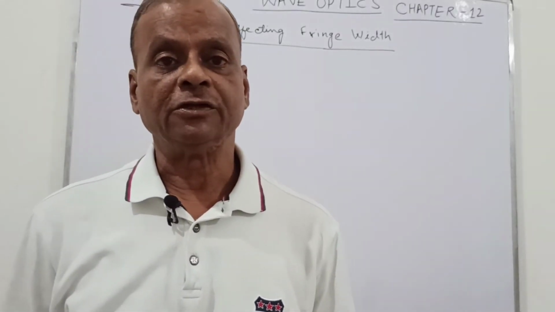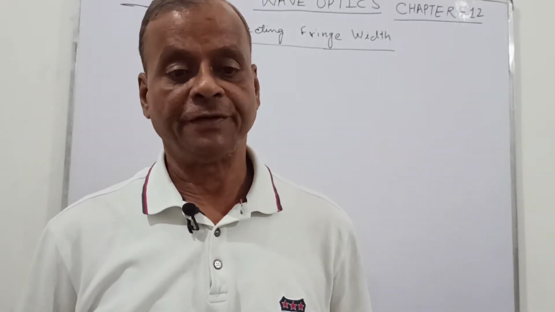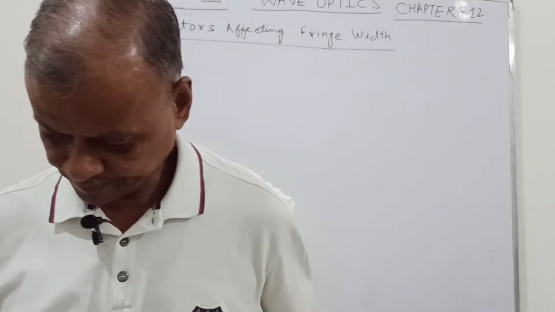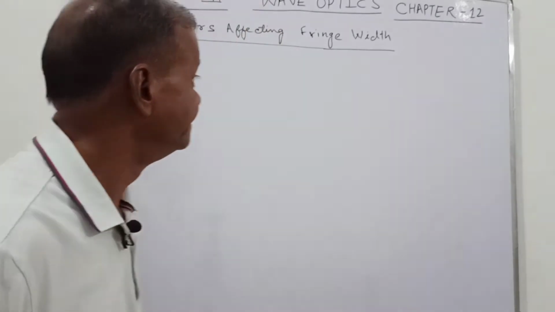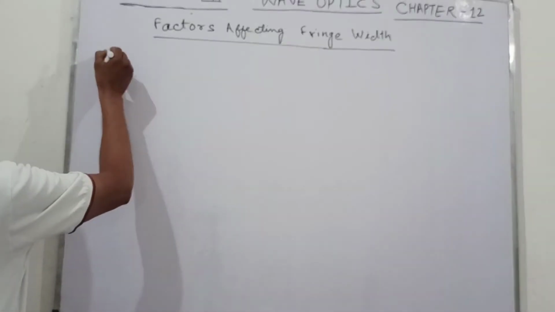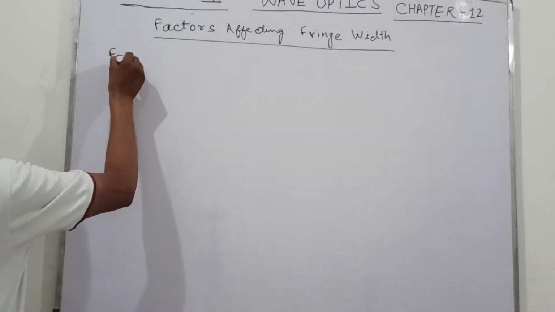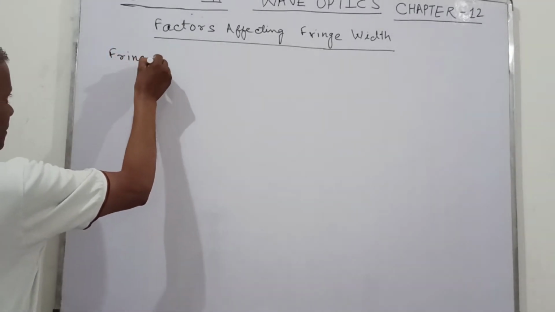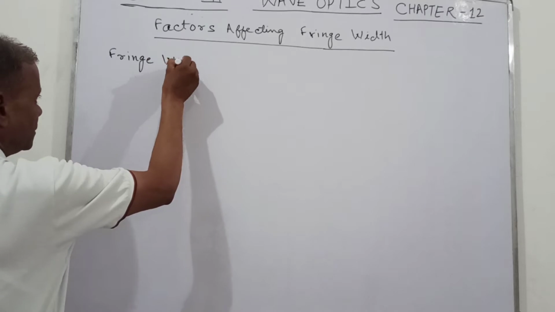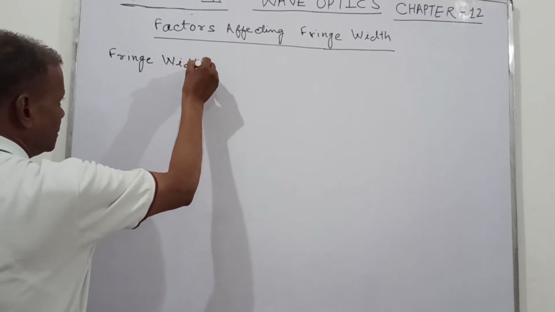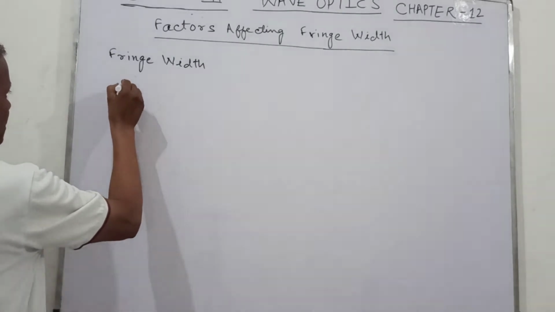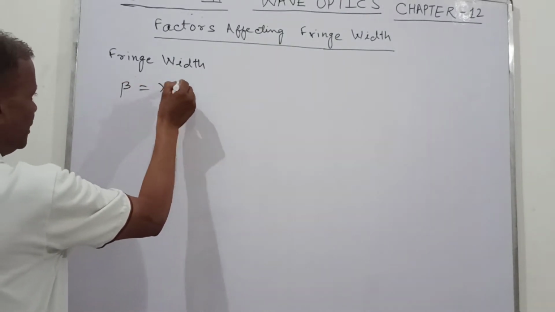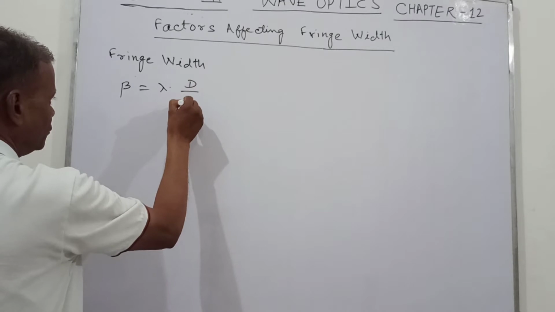Now I will tell you the factors affecting the fringe width. I have told you the formula for the fringe width: beta equal to lambda into D upon d.